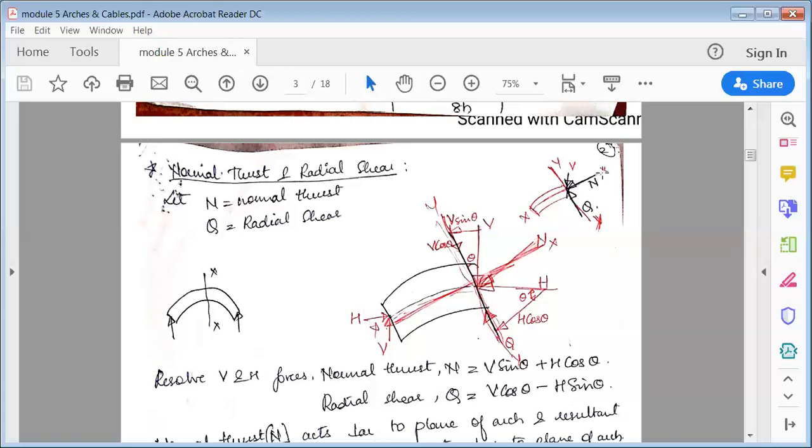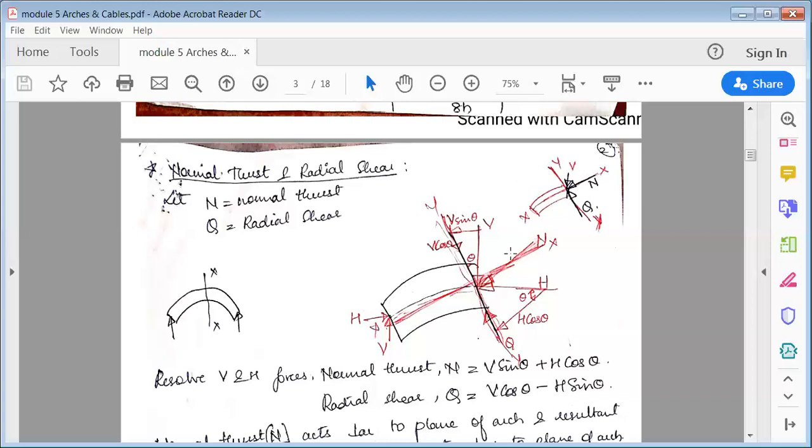So that's why normal thrust, normal means always perpendicular force, and Q, radial shear, means always parallel force. This is how you can remember. Normal is perpendicular and radial shear is parallel to the cut surface.